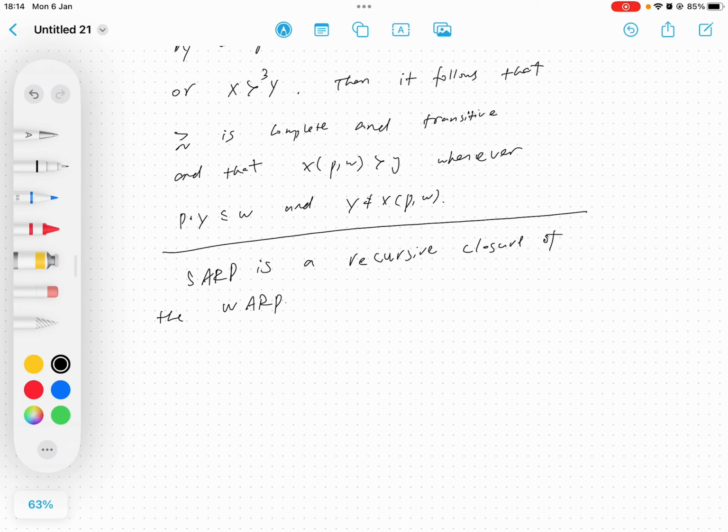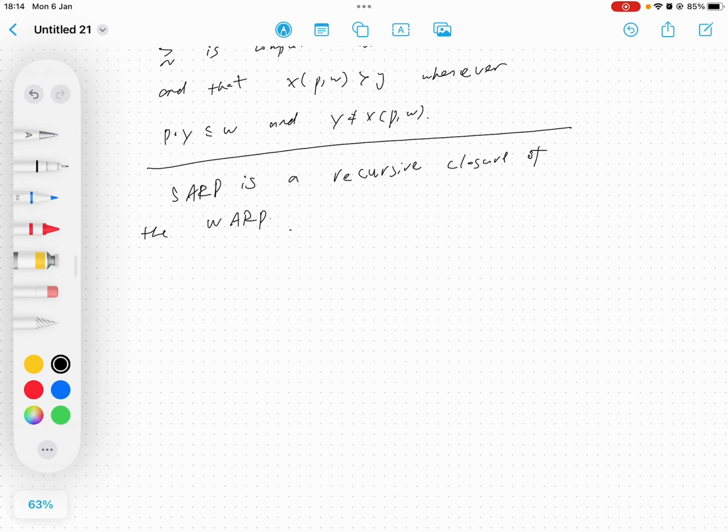Later, in the exercise in the textbook, exercise 3.J.1, you are going to show that WARP is equivalent to SARP whenever the dimension is exactly 2.